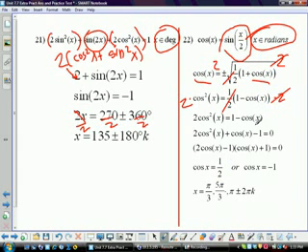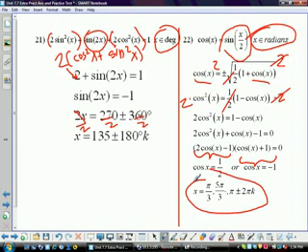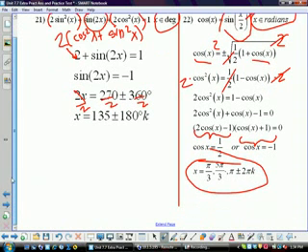I add everything to one side and then factor, setting both of my factors equal to 0 and solving. Remember, I have to add and subtract my period, which in cosine is 2 pi.